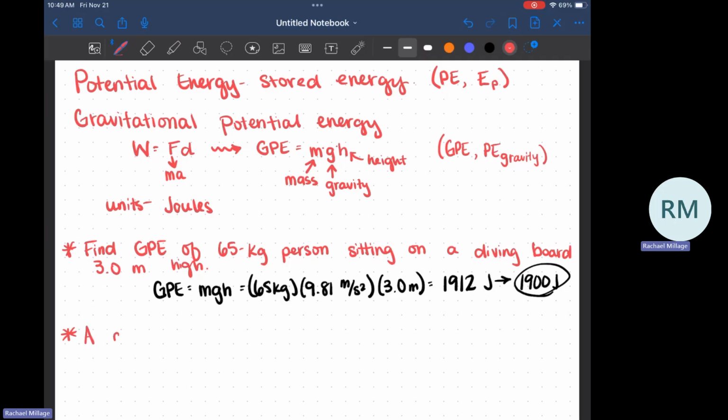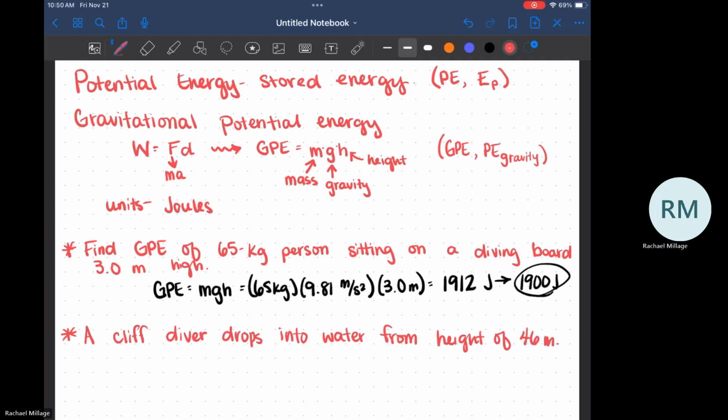A cliff diver drops into water from a height of 46 meters. Holy moly.